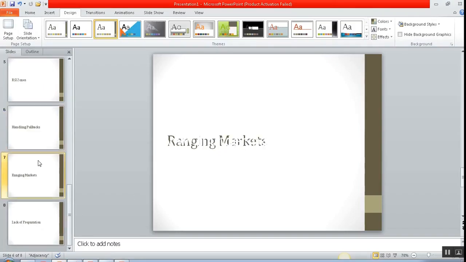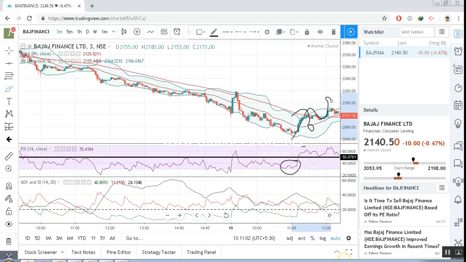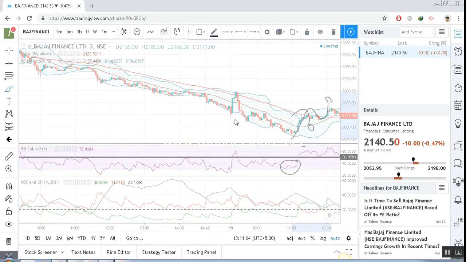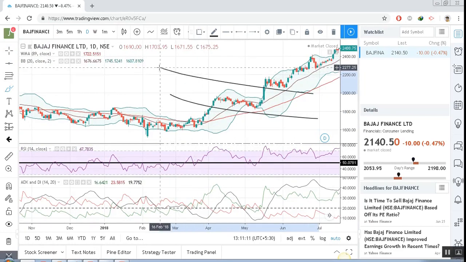Now, ranging markets. When I talk about finding whether the market is ranging or trending, you can do all these tasks before the market opens. If you have a list of stocks, you can go to a higher time frame and see if the prices are in a range. What is meant by a range?